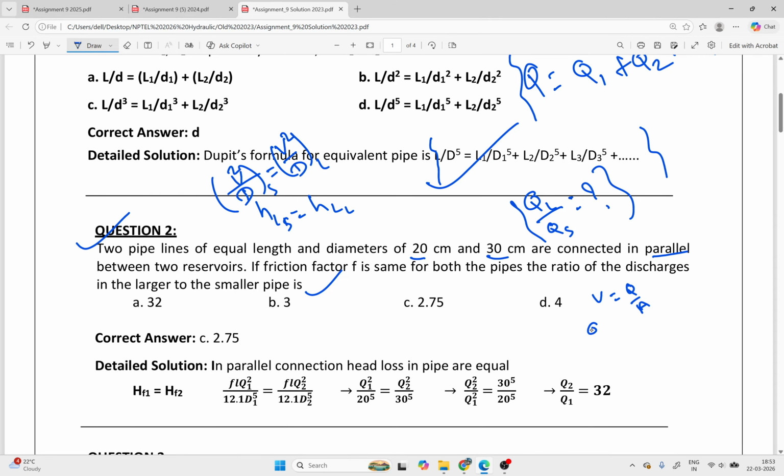So this is Q square by A square D for the smaller is equal to Q square by A square D for the larger.